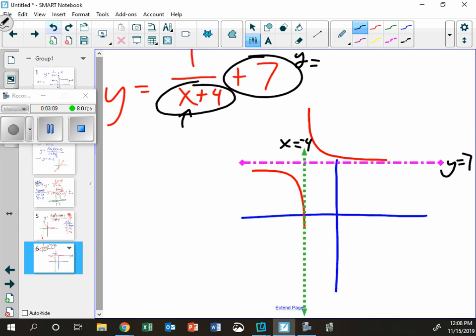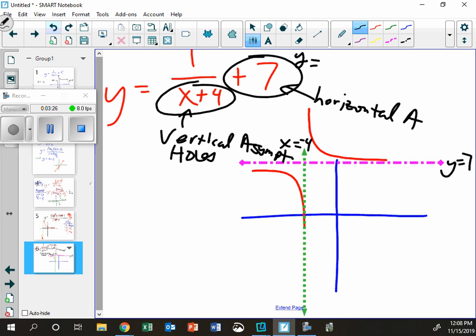So this is where the vertical asymptotes or holes come from. And this is where the horizontal asymptotes come from.